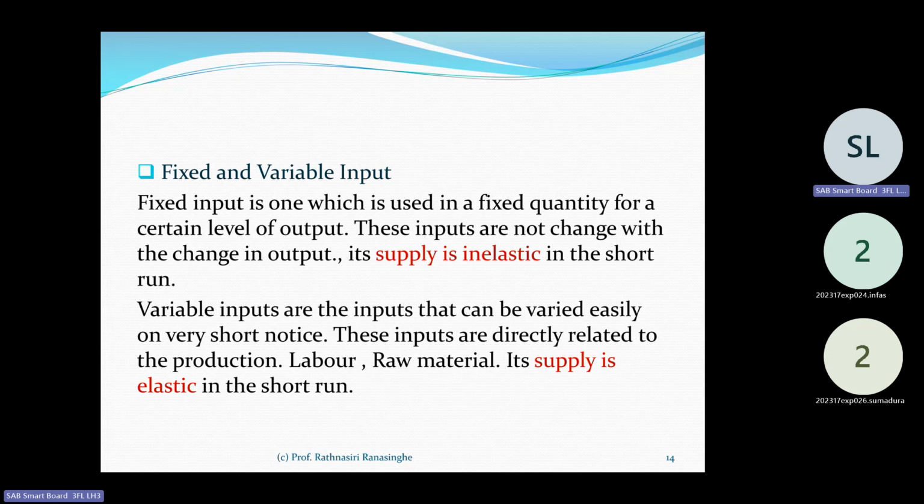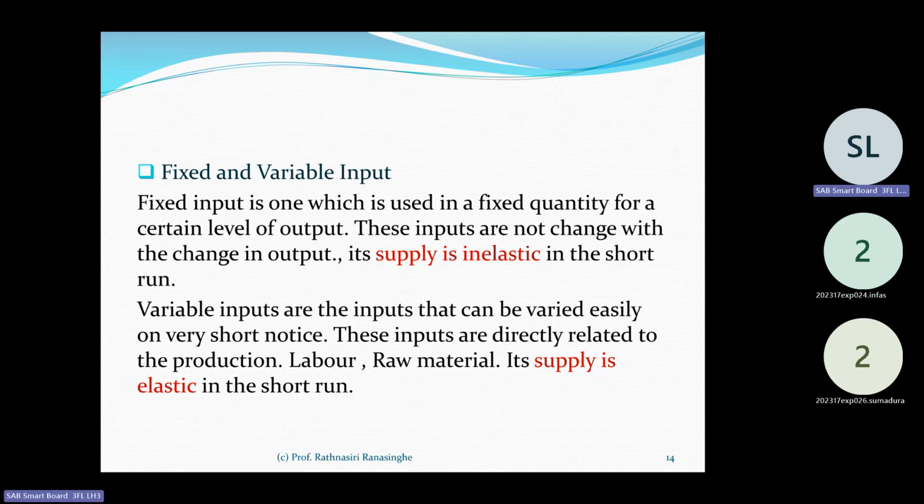Short run is not a period of time, right? Not 1 year, less than 1 year, as we do in accounting. That is not the short run. In economics, short run is something else, not a period of time. It depends on the variability of the factors of production.